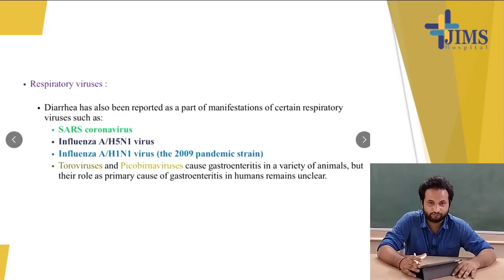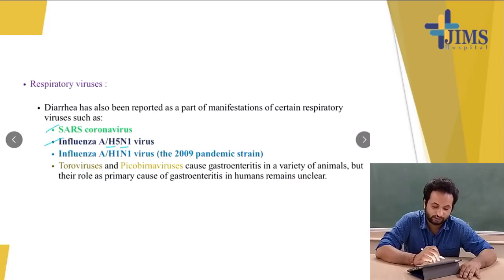Other respiratory viruses may also cause diarrhea, which include first of all the SARS coronavirus. Then influenza A virus, which is the H5N1 virus. Then influenza A 2009 pandemic strain, which is H1N1.